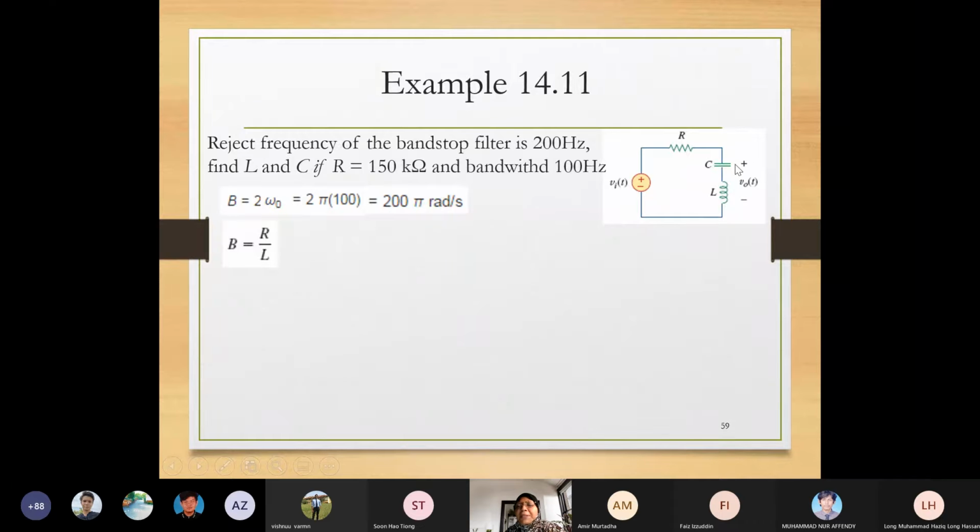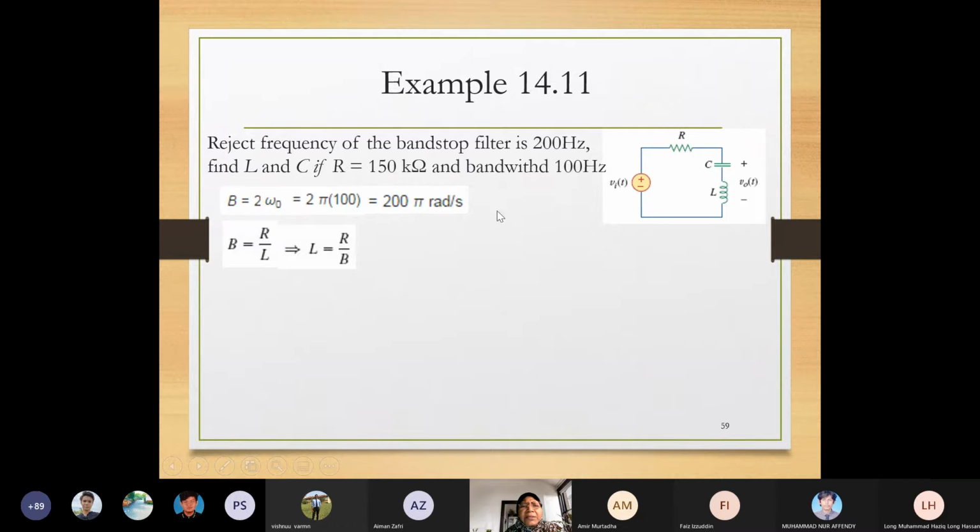But if you measure across the capacitor only, you will get a high pass. And if you measure across the inductor and capacitor, the inductor can introduce a cut-off frequency, and they combine so that it becomes a low pass and a high pass performance, and the overall effect becomes a band pass filter, which allows only a certain range of frequencies.